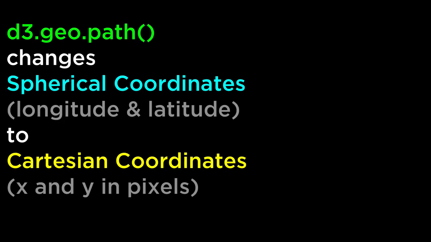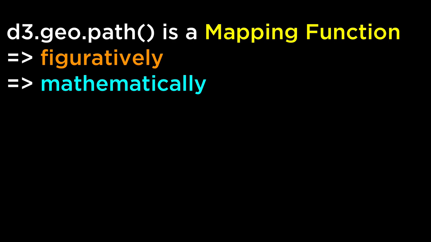We use the D3 GeoPath functionality to convert all of the longitude and latitude pairs into instructions for how to draw them on a Cartesian coordinate plane. We use the SVG x and y coordinates to draw the points in the SVG container, which, when we really get down to it, means that the D3 GeoPath function is a mapping function.